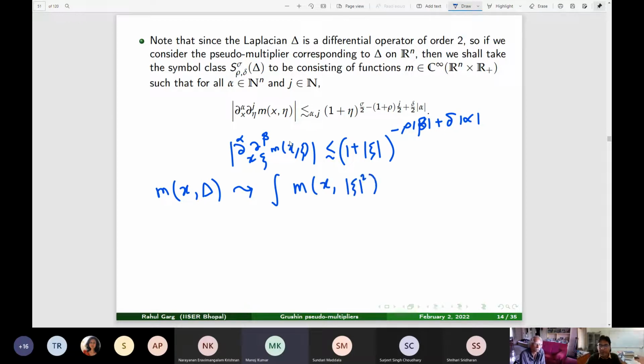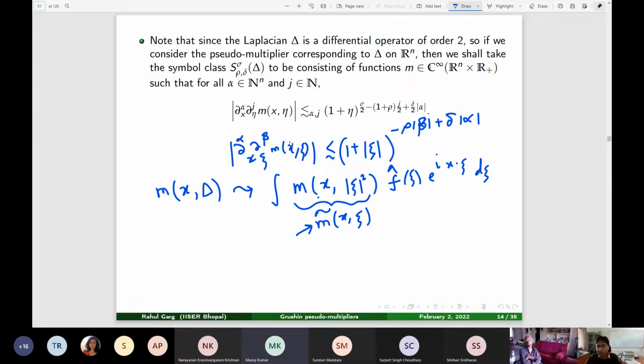The Laplacian corresponds to mod xi square, whatever, f hat at xi, e to the power i x dot xi, d xi. Now, if you notice, your multiplier symbol is not coming as m(x, xi), but rather as m(x, mod xi square). So if you want to call it m tilde(x, xi), then you would start with a condition which translates properly, because this should be your usual definition, m tilde(x, xi) f hat(xi).